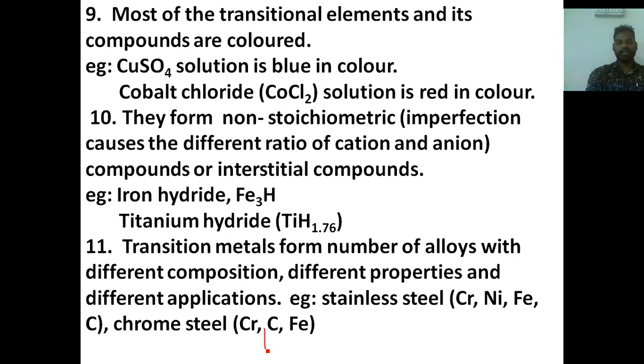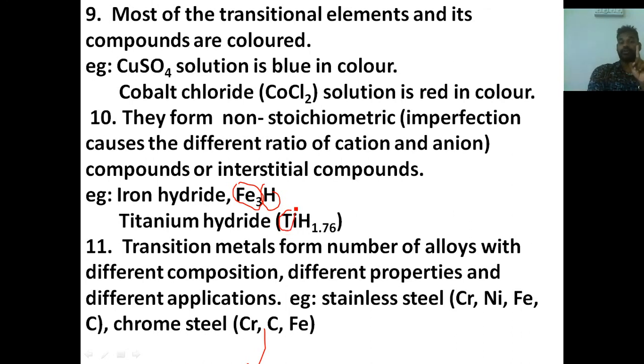You can see the example here. Fe: here cation Fe is 3 in number, anion is only 1 in number. So this is the difference. For 3 cations we have only 1 anion, and this is called a non-stoichiometric value. Another example: for 1 cation we have 1.76 anion.